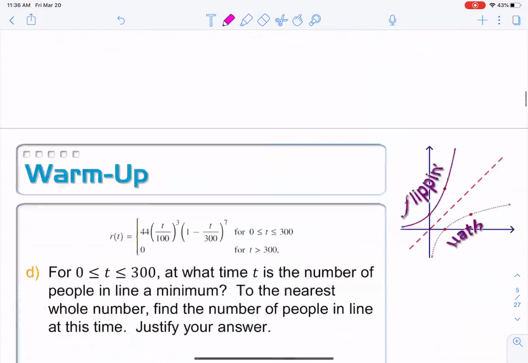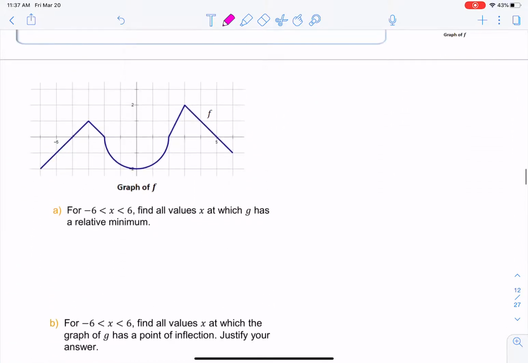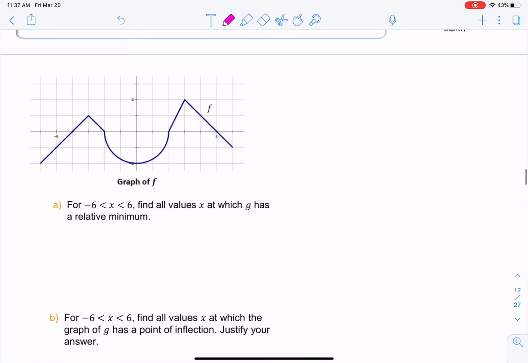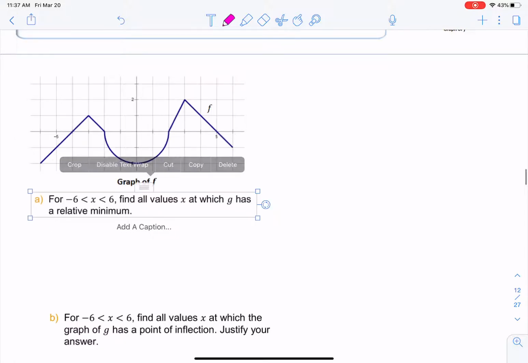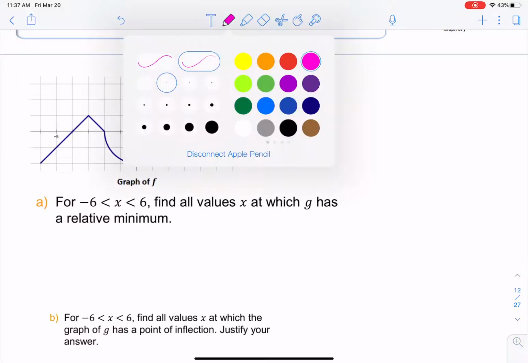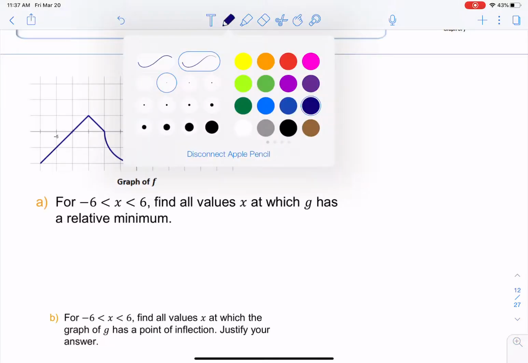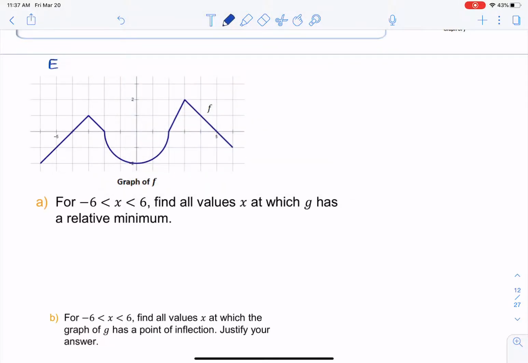All right, let's scroll back down here to this first example, and I've copied the graph again, and here's the first part of the problem. I'm going to go ahead and write down example 1.